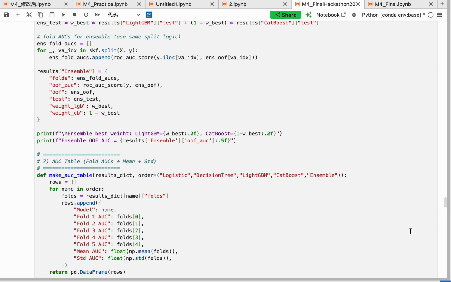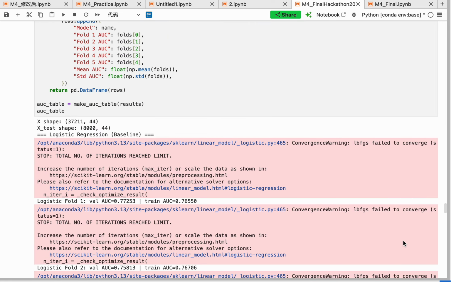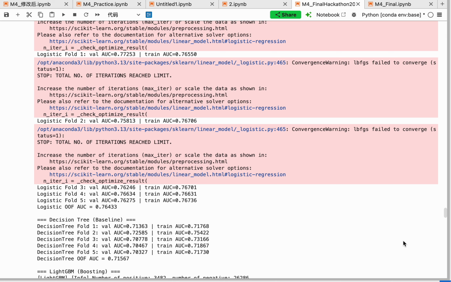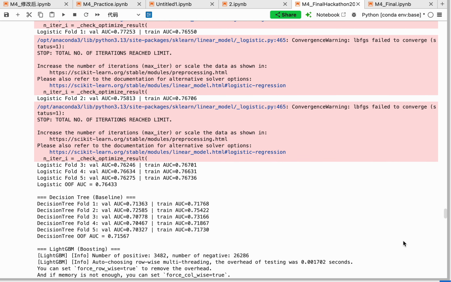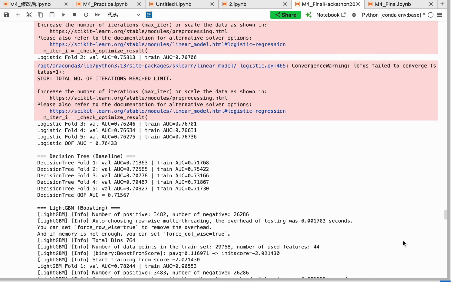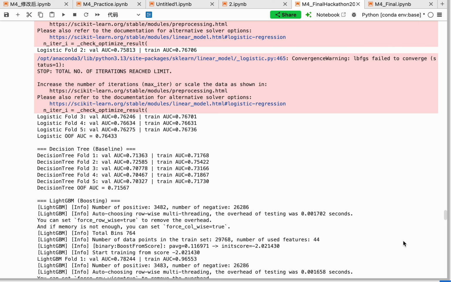Logistic regression achieved an AUC of approximately 0.76, and the decision tree approximately 0.72. This indicated predictive signal in the data, but the linear assumption limits the performance.